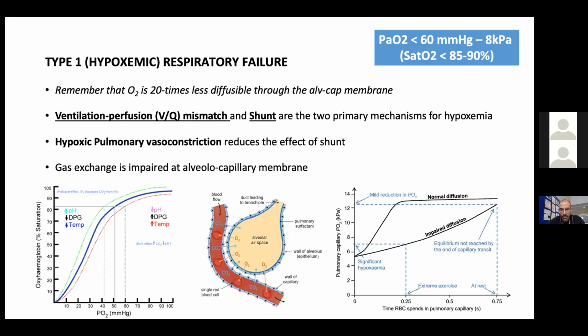This means that when we have areas of our lung that are not well ventilated, in order to avoid the mismatch, the body will vasoconstrict the arteries and capillaries that go towards the areas that are not ventilated. Those areas that are well ventilated, there will be a compensation and there will be a vasodilatation. The goal is to try and minimize the mismatch.